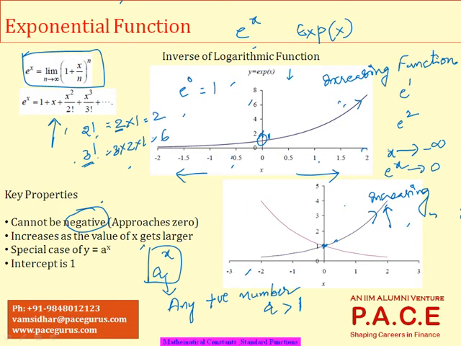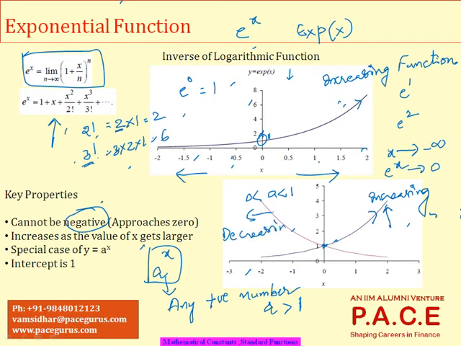But if a is less than 1, which means a lies between 0 and 1, because we are talking of a being a positive number, we see that it is a decreasing function. What does a decreasing function do for us?